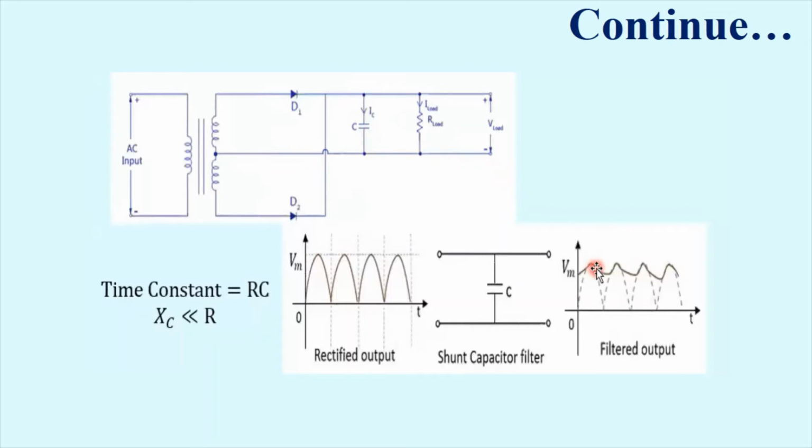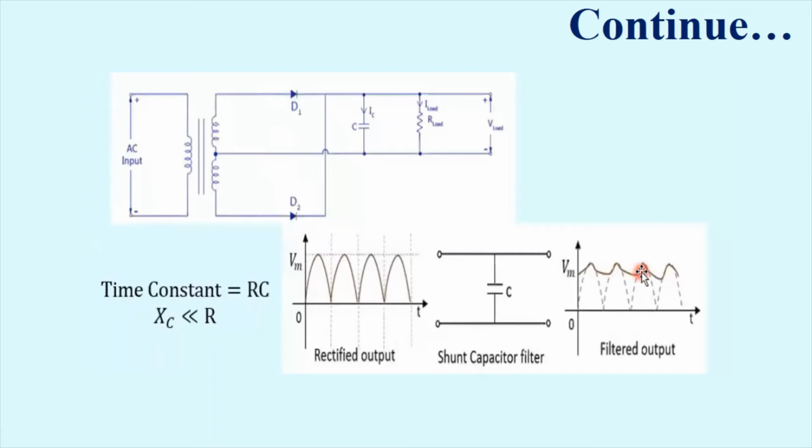That's why we have a decrement in our waveform like this. As Vm is again greater than the voltage across the capacitor, the capacitor will charge and we have an increment in our waveform. As Vm reaches the voltage across the capacitor, it will discharge and we have the decrement in our waveform. So this is how we can make the filter output.